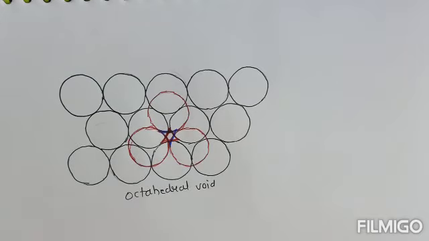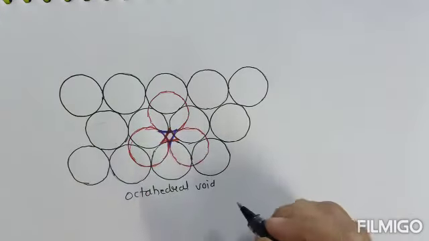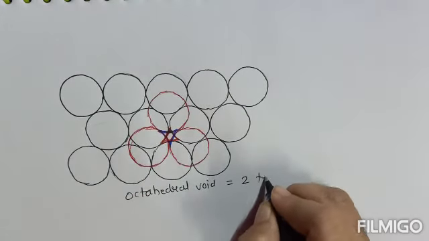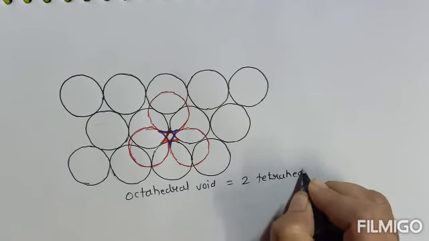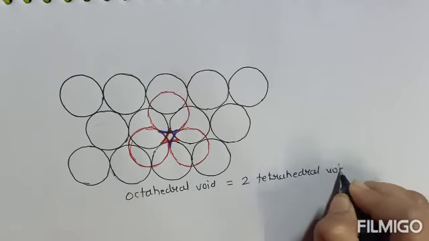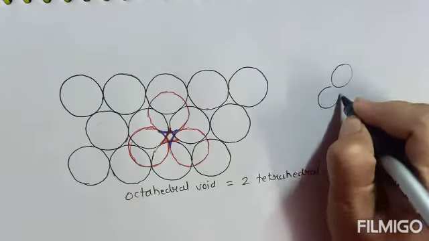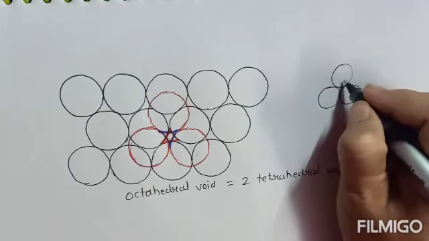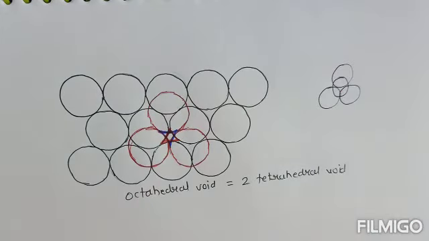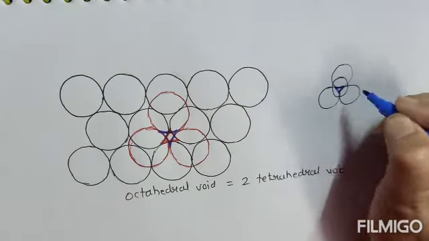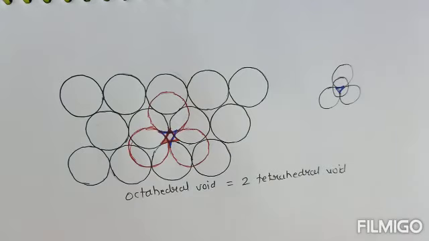Octahedral void, as we can see here, is made up of 2 tetrahedral voids: one tetrahedral void pointing downward, one tetrahedral void pointing upward. So an octahedral void is made up of 2 tetrahedral voids. When we have constituent particles arranged and one more constituent particle is placed above that, the vacant space will be called a tetrahedral void, and 2 tetrahedral voids make 1 octahedral void.